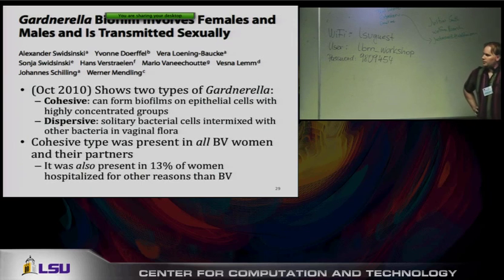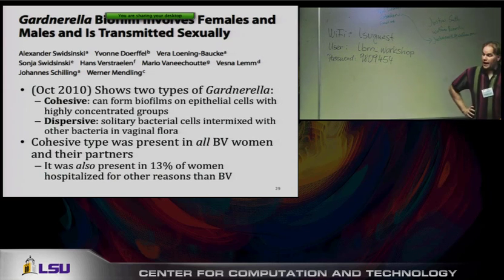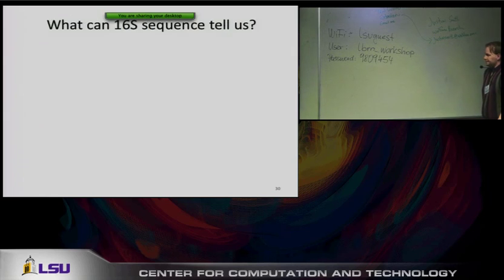The cohesive type was present in all BV women and their sexual partners, but it was also present in 13% of women hospitalized for other reasons than BV. So there's strong evidence that the cohesive type of Gardnerella is actually the bad causative agent.